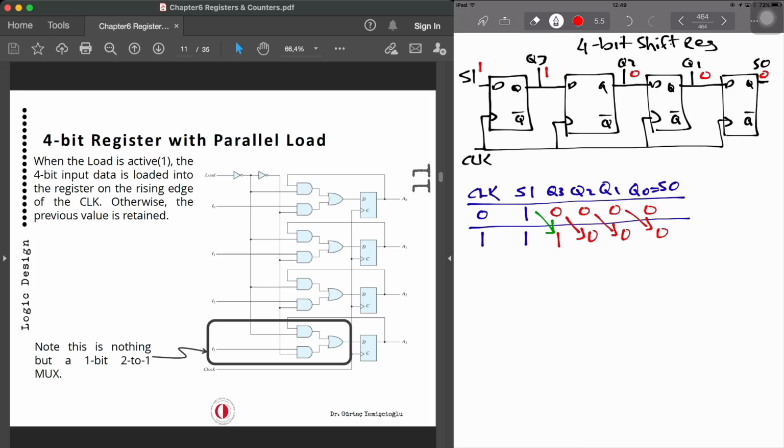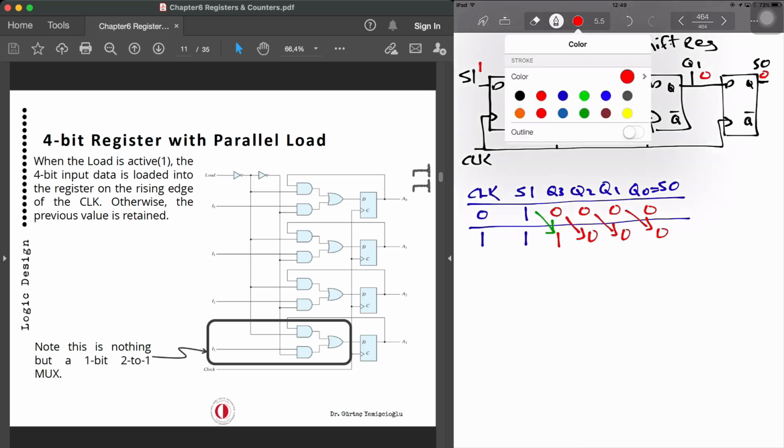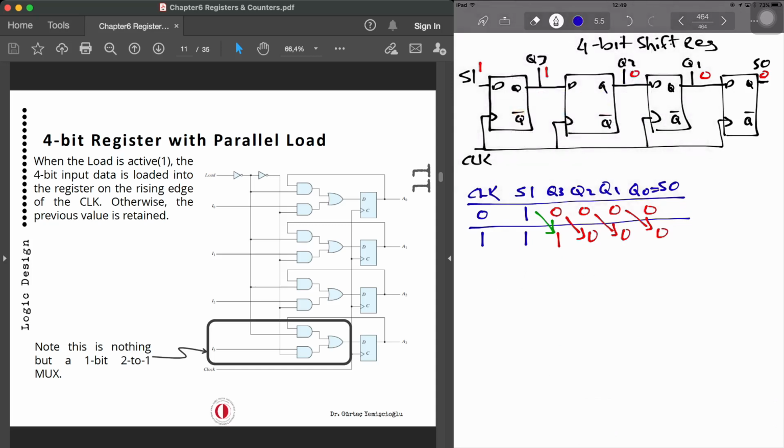Now, on the third cycle, or clock cycle 2, I'm inputting another 1, but the previous one is also feeding in to the next one. So this is going to be 1, and this one will be fed over here. That will be 1, and this will be 0, and this will be 0. So I have just got 2 1s in the flip-flops now. So 1, 1, 0, 0 will be the outputs.